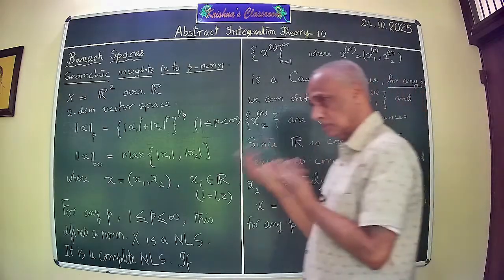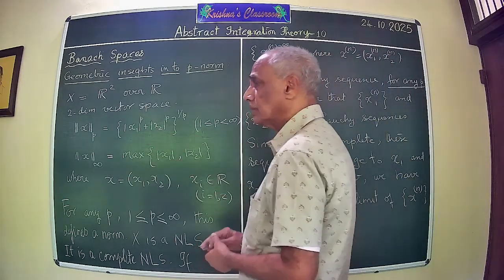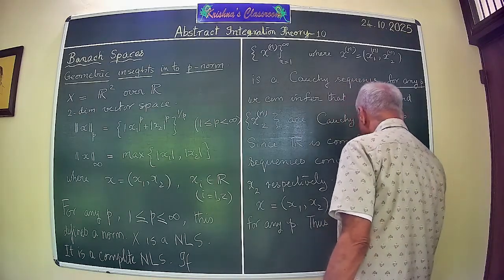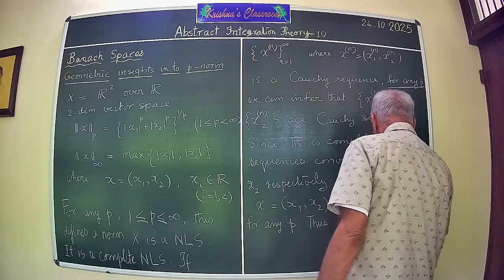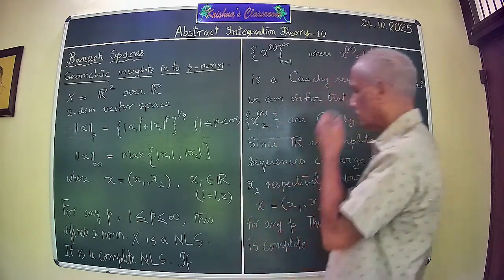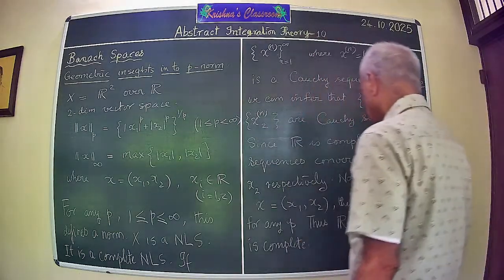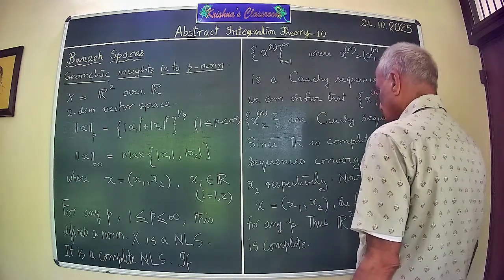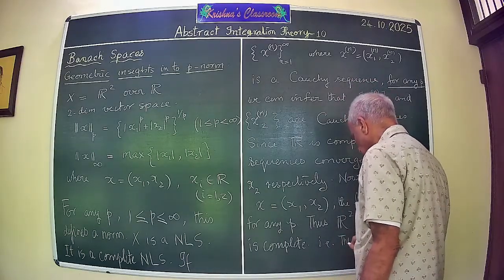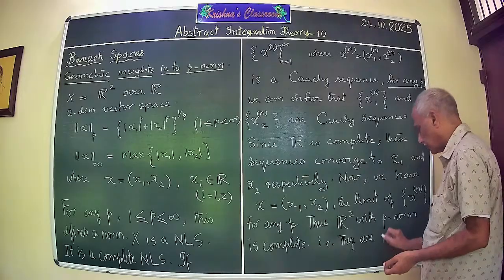So R2 with p norm, this you call the p norm, is a complete normed linear space, that is, they are Banach spaces.